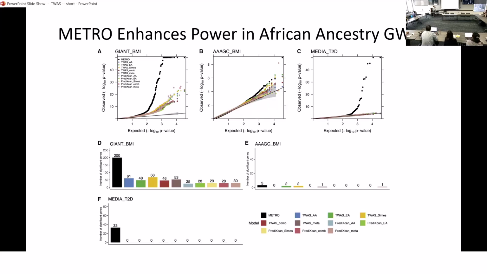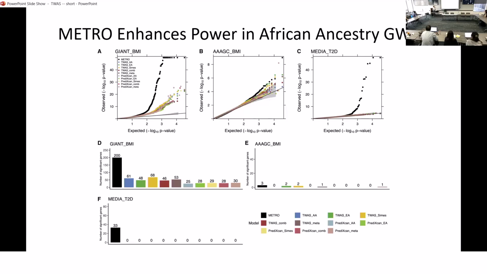Each dot is again a gene. But in the middle one, it's very hard to detect anything. In the last one, none of the other methods detect anything. However, if you are able to use METRO, which incorporates multiple genetic ancestries into your model, this time you can see the black line is our method.